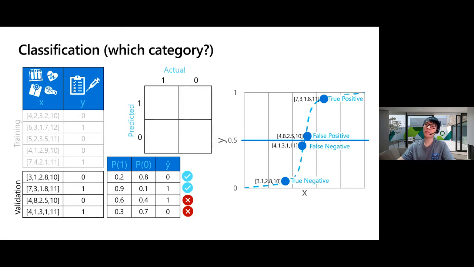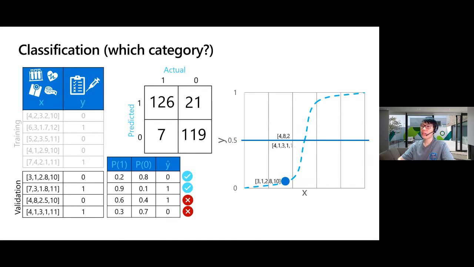To evaluate the model, we tabulate the prediction results in a format called a confusion matrix, like this. In a real scenario, you use much more validation data than we have on this slide, so it might end up looking something like this.